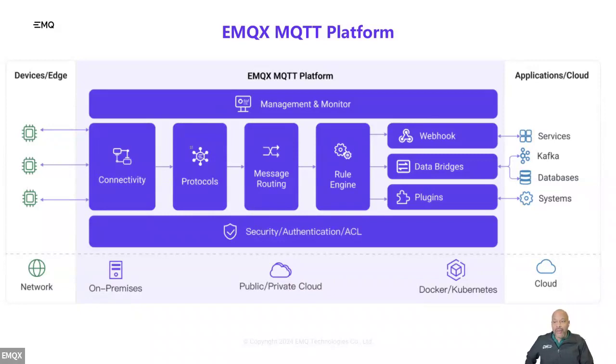One thing I would like to mention before I conclude: we are the broker that sits in the middle, connected to both the edge and the cloud, so we are the pipeline to your backend systems. We have data bridges, webhooks, and plugins that take the message, filtered through our rules engine, to give the specific data needed for each of your back-end systems.